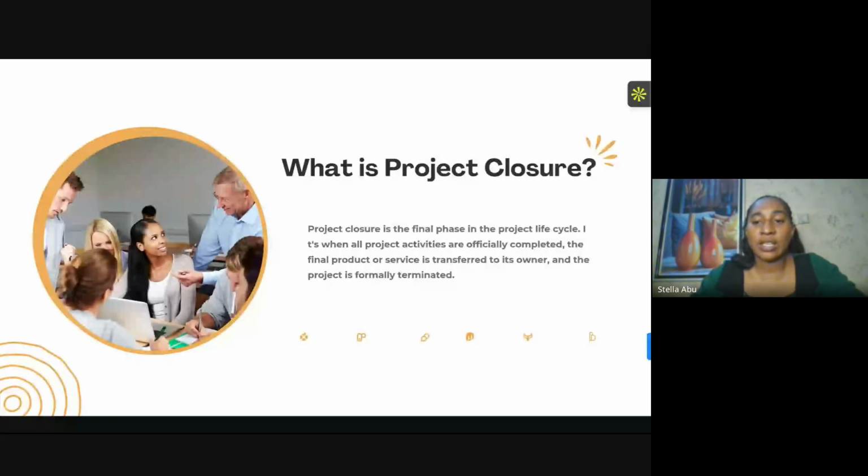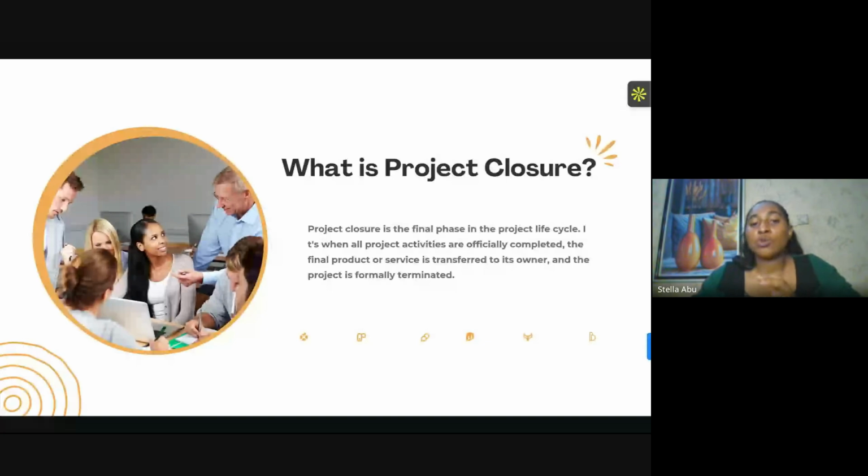But we also said the best part of it is when it's completed successfully, when it's finalized, when it's not like, oh, we are terminating this because of this, because of that, right? When everything is done properly. That is why we are discussing project closure. And we'll go into that in detail because I see that you've forgotten all of it.